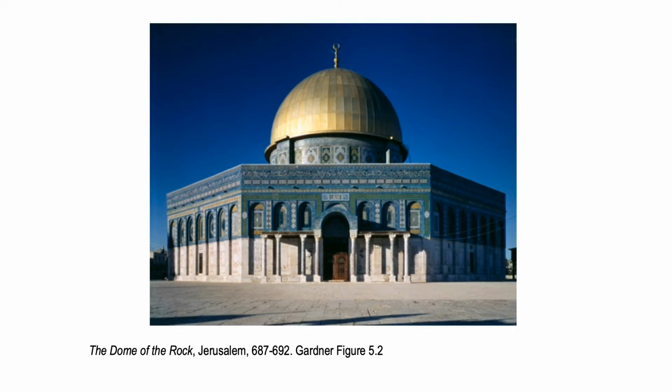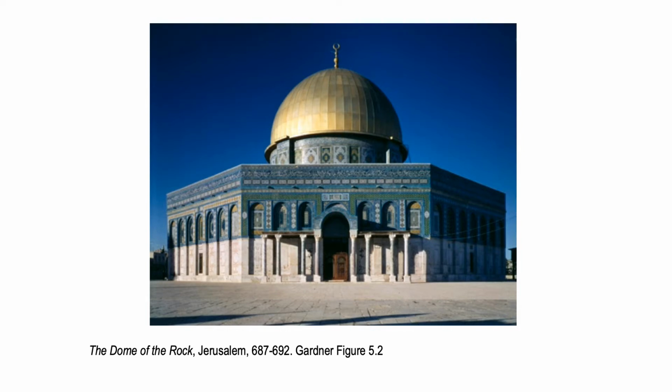We'll go to the inside of it in a moment, but I do want you to take note of its exterior shape. It is octagonal, and of its golden dome. Its architectural elements carry over from the Church of San Vitale in Ravenna because of the Byzantine builders.